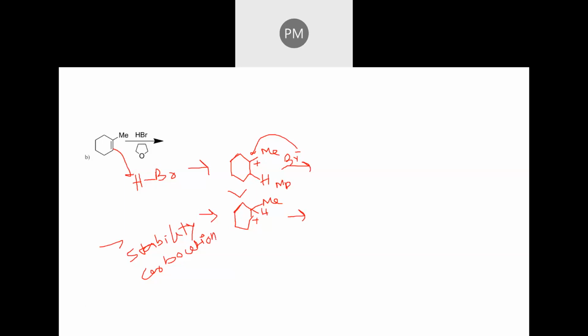So now here two products can be possible, where the Br minus is above and below the plane.